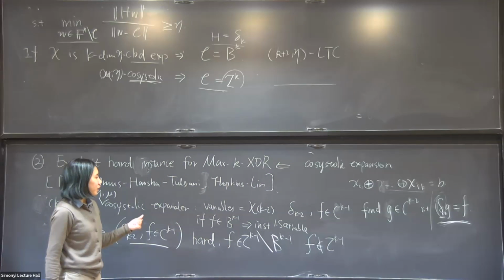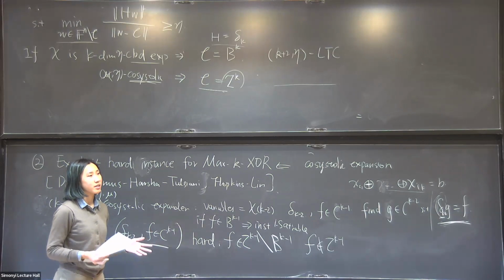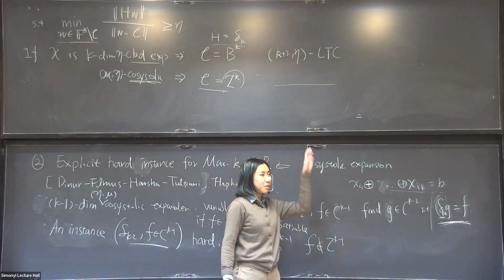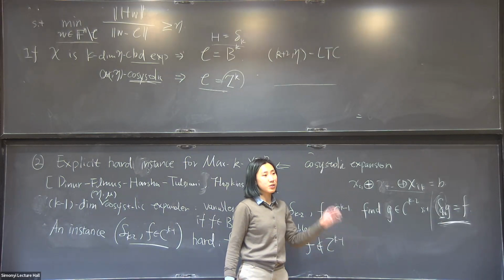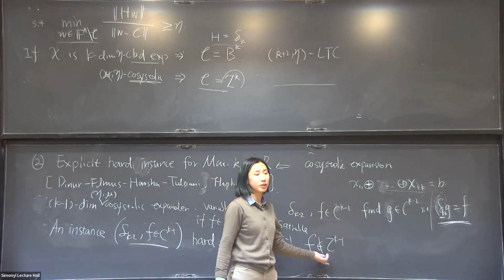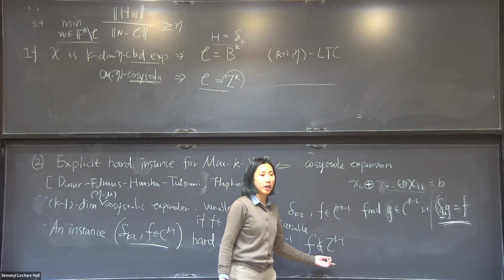But the second thing we know is that it's also very easy to form a refutation for the fact that it's satisfiable, because of the local parity checks. One parity check can already witness that this is not fully satisfiable. So for any f that's not inside Z k-1, it's a simple case.